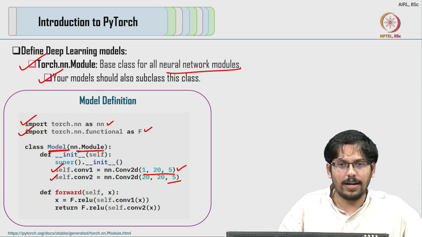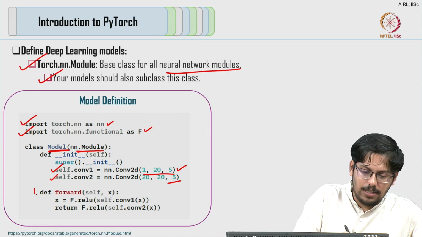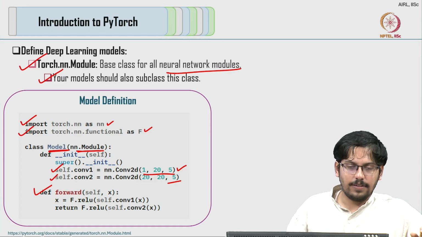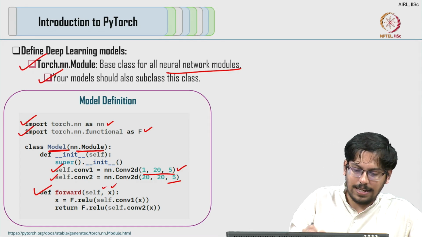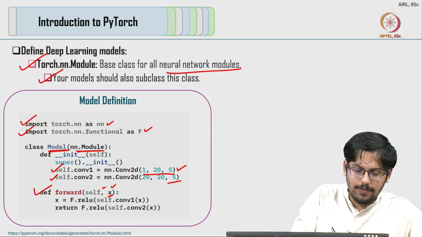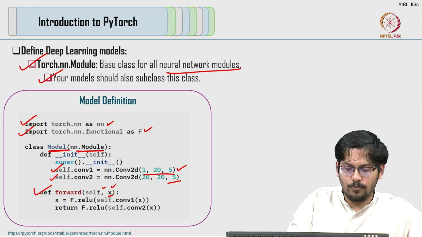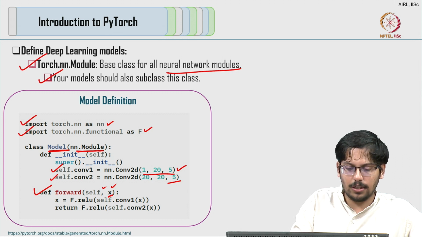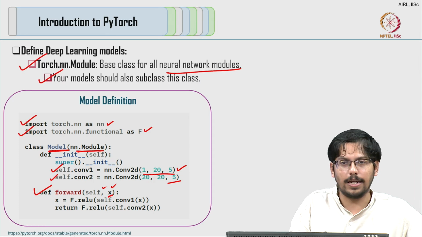Once we have defined these two layers, we can define the forward. Forward, once we define, it is essentially taken with self and x. x is the input that would come to the model. Now, x is given as F.relu of self.conv1(x), and essentially we return the value of F.relu of self.conv2(x), right.